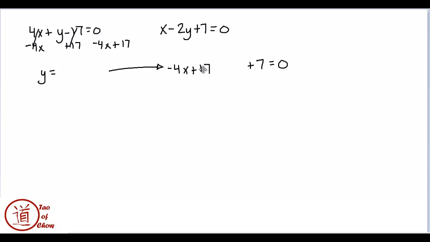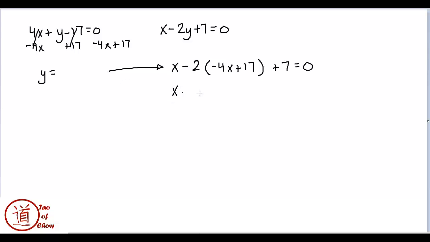Y is this. And now I have an equation that's only in terms of x. Once an equation is only in terms of x, then I can solve for x. Let's see how this works.